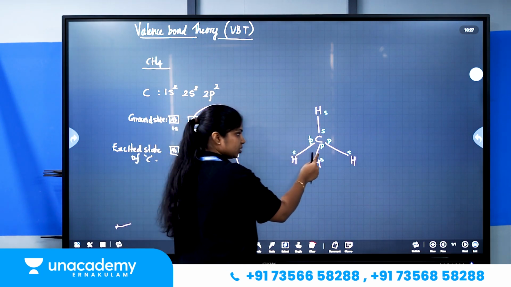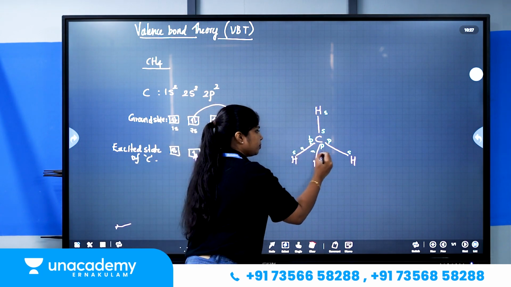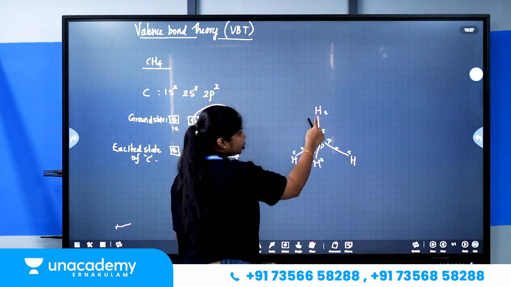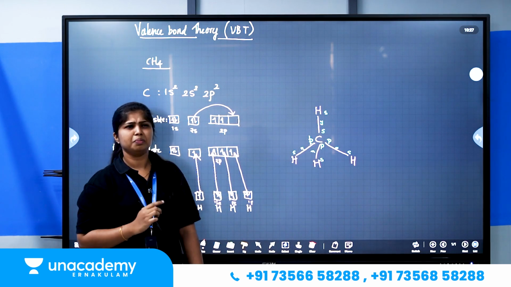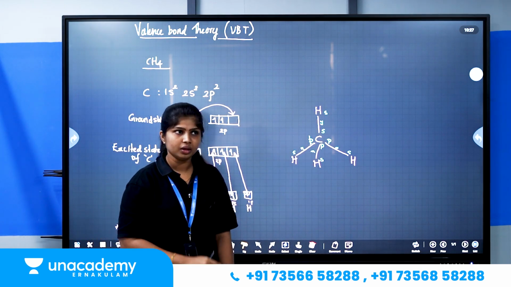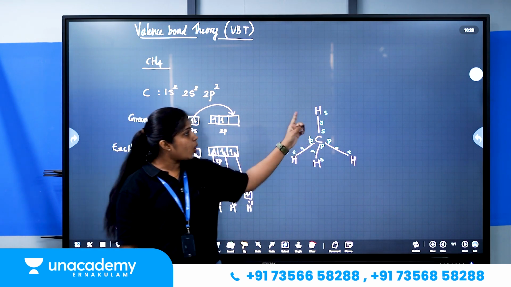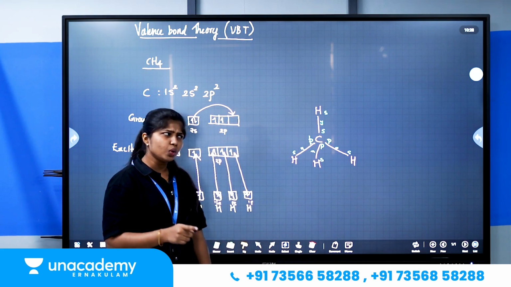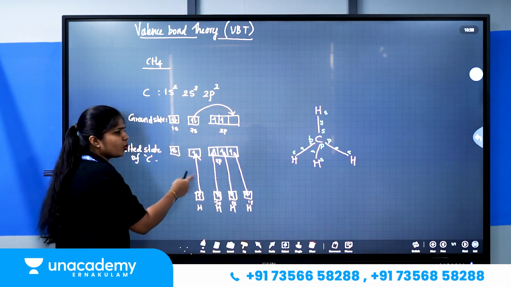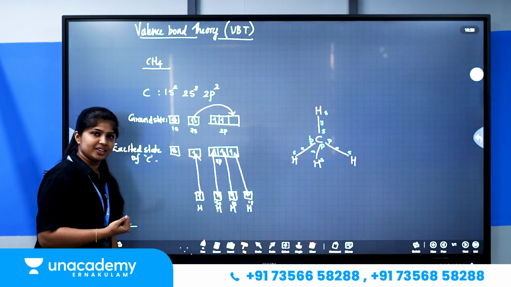That is, these 3 will have, let's say, bond length X, and this should be different, it might be Y. But actually, it's not so. Actually, in the CH4 molecule, all the 4 bond lengths are equal. So before overlapping, something is happening there. And what is that?